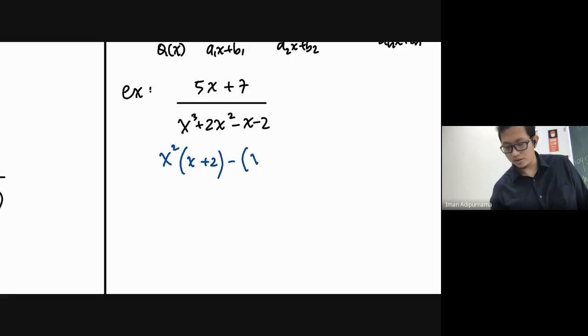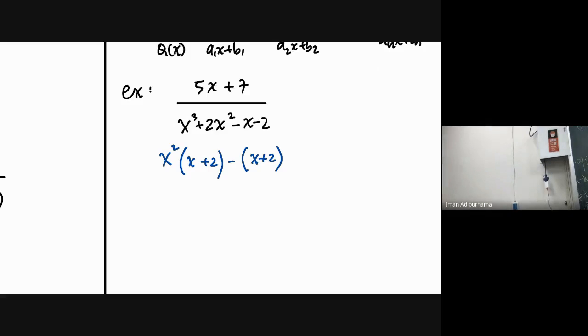And I can also write this. Is it the same thing? Same, right? What's next? Let's factorize this x plus 2.